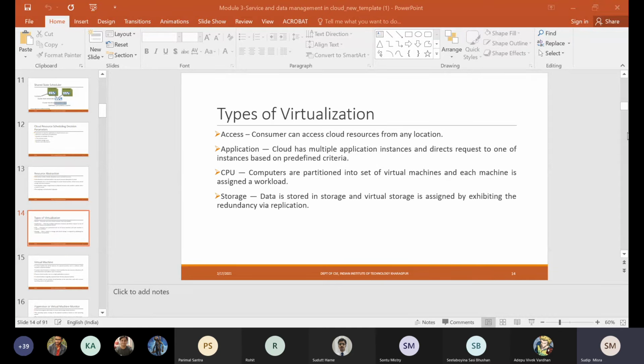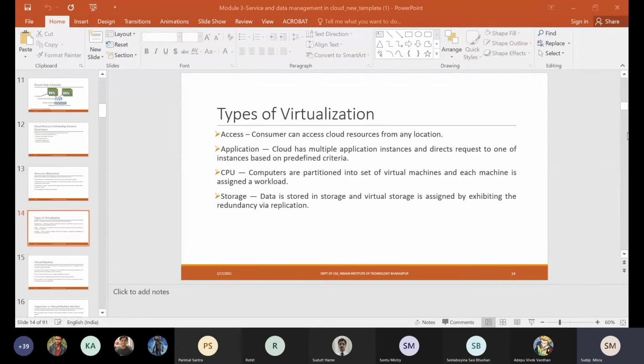This storage technique is often used in what I told you earlier, the storage area networks. The storage is manipulated in a certain way to support different activities, for example backing up data, archiving data, recovery of data, etc. All of these manipulations are done in the cloud through storage virtualization.